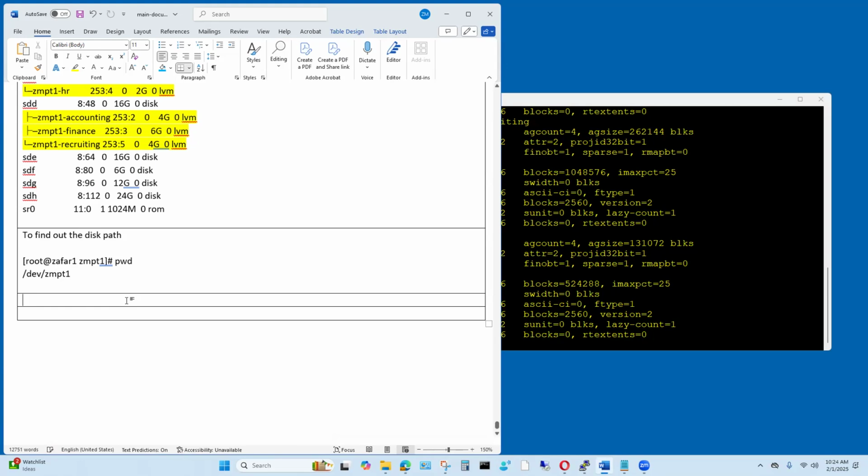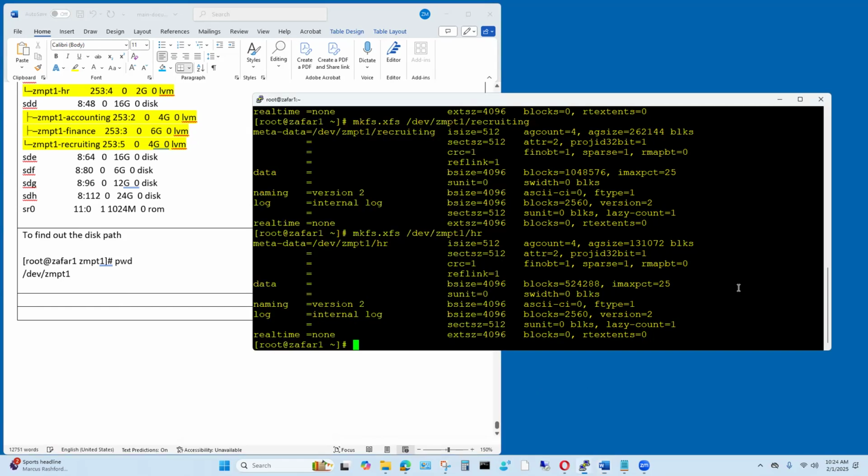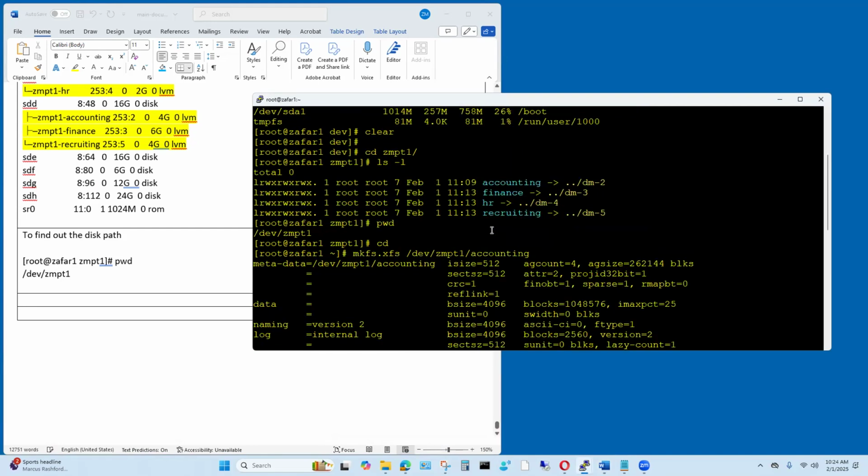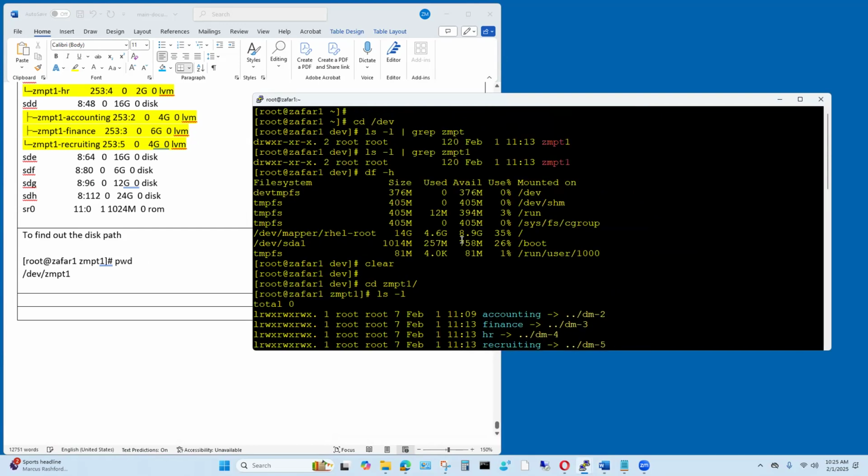So if you get output like this, it is a good output. Do ls here, do ll.